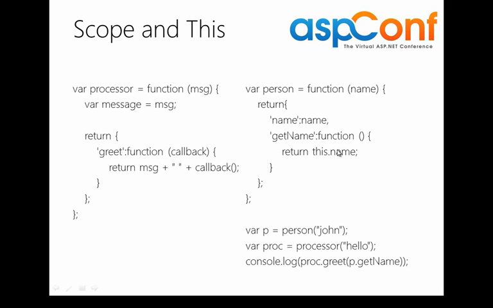Now we would expect that this, since it's part of the same object, would refer to this object itself, so you've got this.name, which would be John in this case. So you might expect this to log hello John, but it doesn't. It prints hello, not hello John.